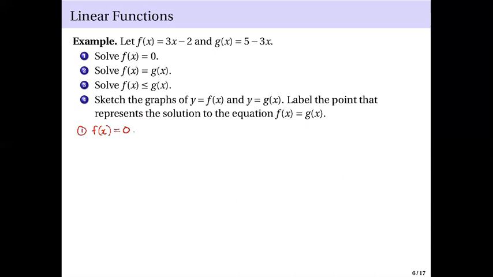This means you just need to equate 3x minus 2 equals 0, or 3x equals 2, or x equals 2 over 3. So we easily get this value of x.